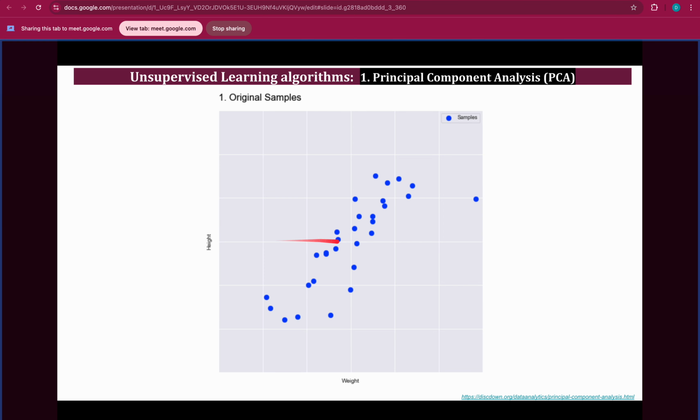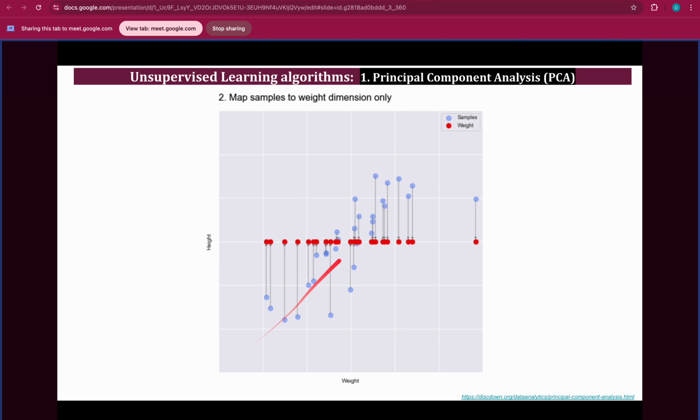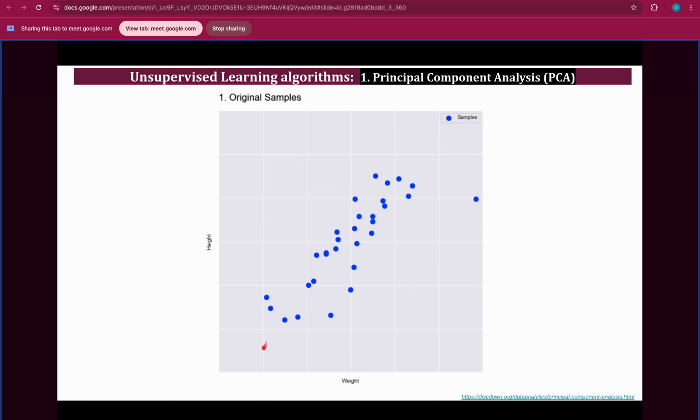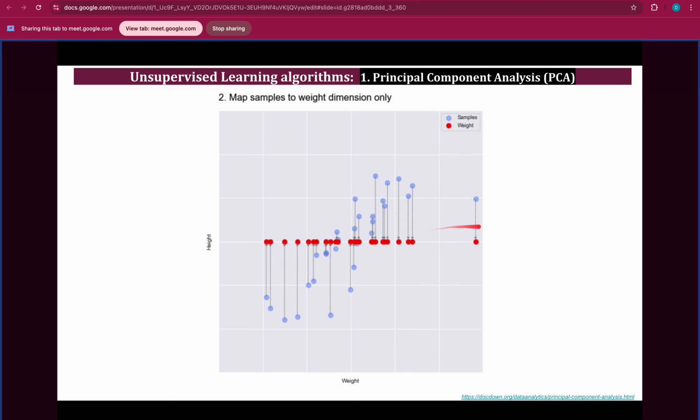So I am taking the line. First of all, this line will be a slant line, and then these data points will be converged to this x-axis. So these data points are now spread out. I will calculate their distance from my central line.